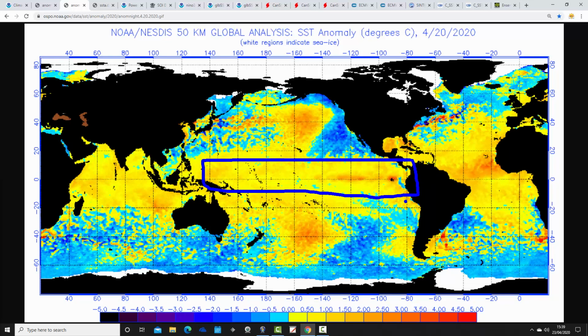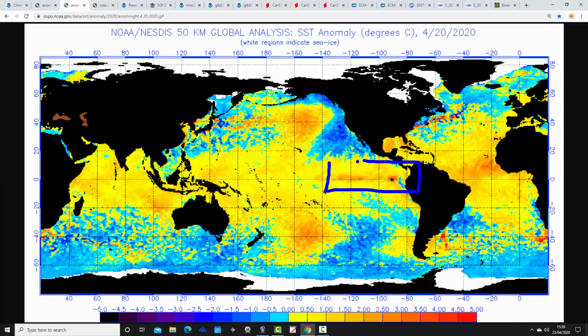Right, so this is from the 20th of April, and you see again we're at ENSO neutral already, but we have actually seen a bit of warming over here in the eastern part of the equatorial Pacific Ocean. So over towards Peru, that looks like a little bit of a signature for El Nino, I have to say. Now, we've been expecting to stay either at ENSO neutral or possibly even to go to La Nina, a cold event. But at the moment, there's absolutely no sign whatsoever of a cold event in the equatorial Pacific Ocean.